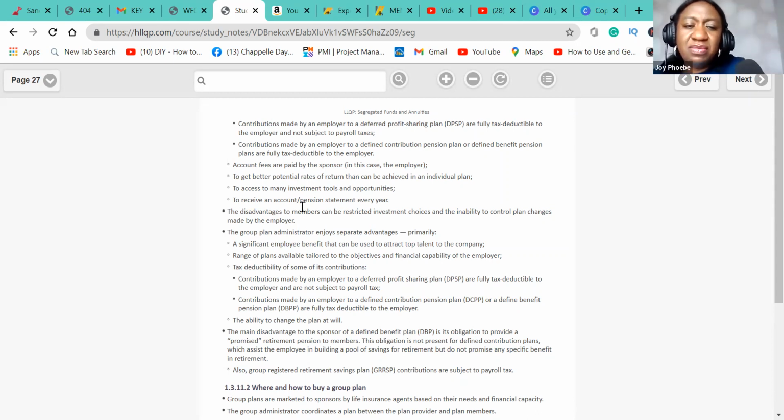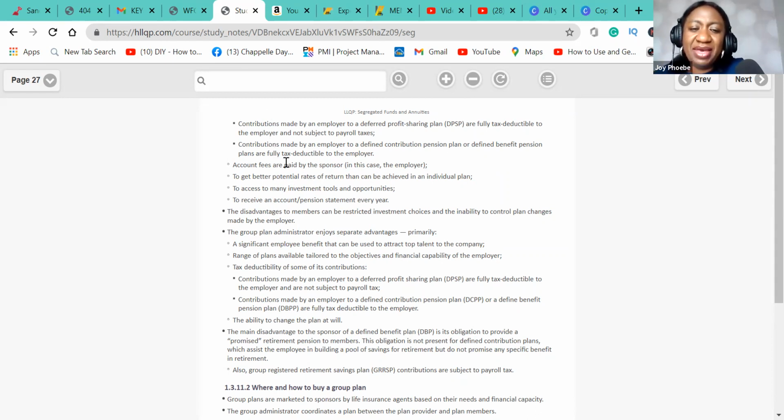Contributions made by an employer to a defined contribution pension plan or a defined benefit pension plan are fully tax deductible to the employer. Okay.